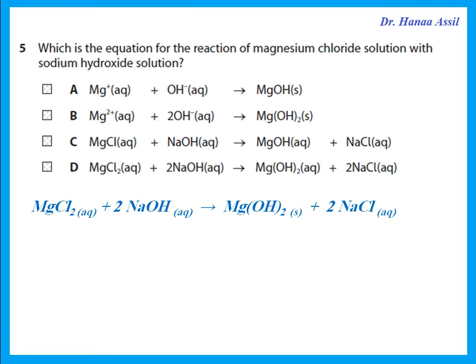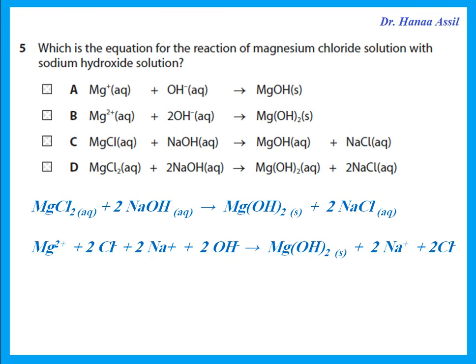Remember that magnesium hydroxide, we said it does not dissolve easily. Both of them are small ions. They do not ionize easily in solution. So this is a solid, plus the sodium chloride, which is aqueous. Remember, when we're talking about ionic equations, we ionize only what is aqueous.